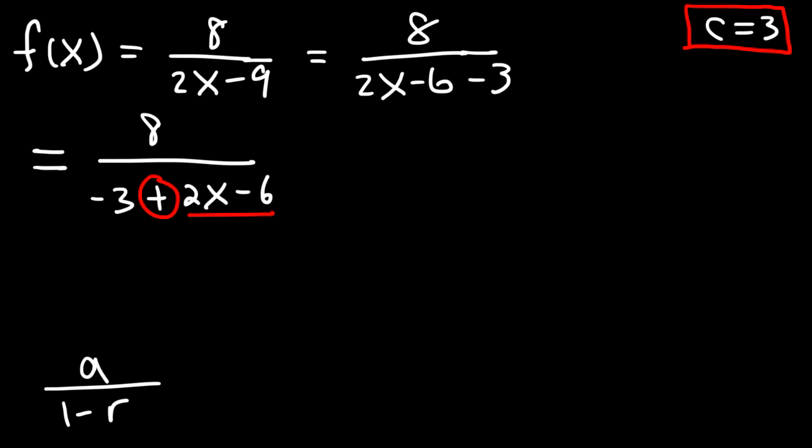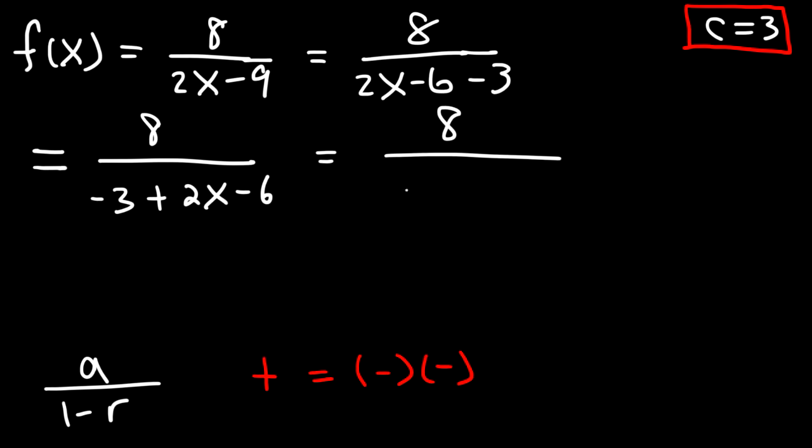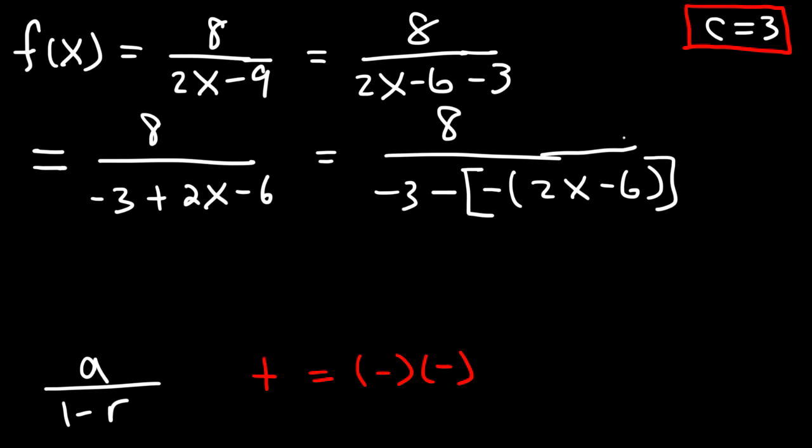In addition, I need to get rid of the positive sign. So recall that a positive number is the multiplication of two negative numbers. So what I now have is 8 over negative 3 minus, right now I'm just going to write it like this for now.